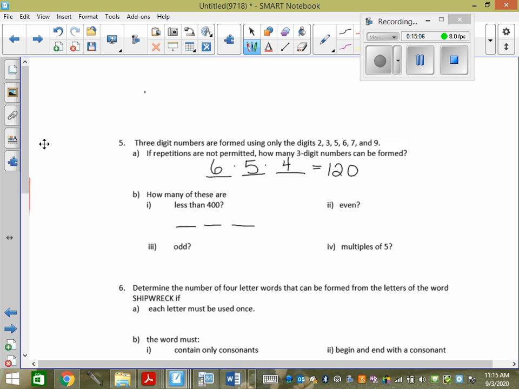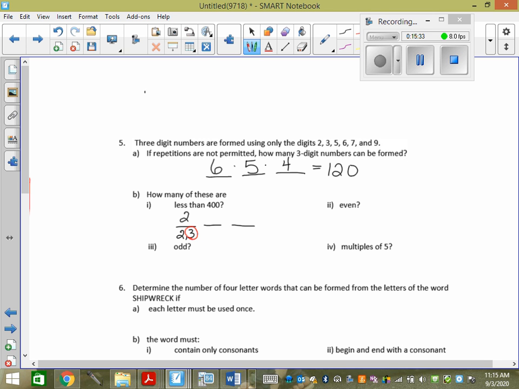Then we have less than 400. If it's less than 400, the first blank has to start with a 3 or a 2, and repetition is still not permitted. So that's 2 options, right? I'll answer the whole question.